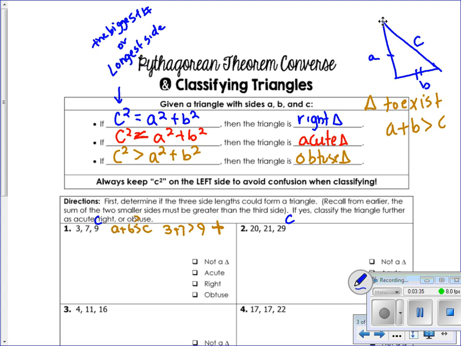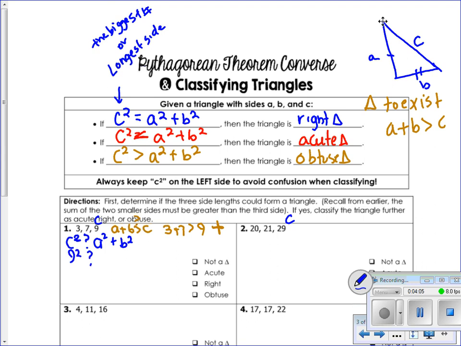So I'm going to say C squared, and I need to figure out which relationship I have. Is it equal to, less than, or greater than A squared plus B squared? So C squared is 9 squared, question mark.